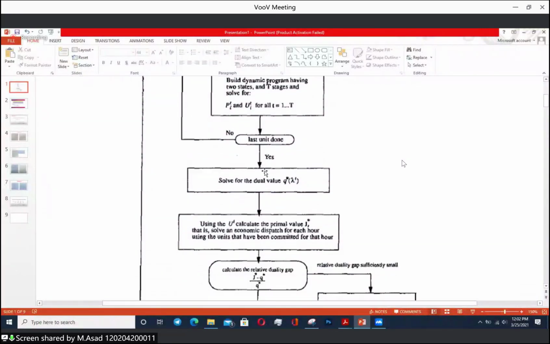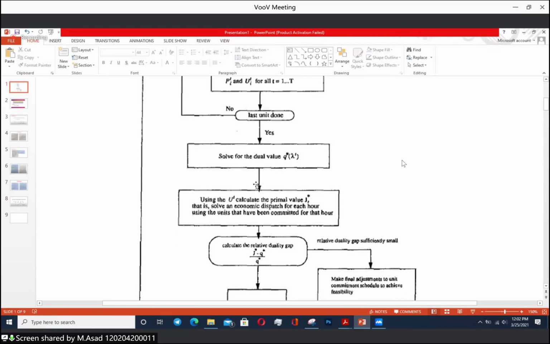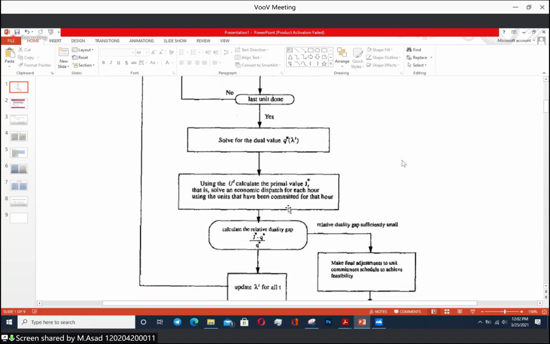When all the units are done, we solve for the dual value Q star, after which we calculate the primal value J prime, and also solve the economic dispatch for each hour using the units that have been committed for that hour.